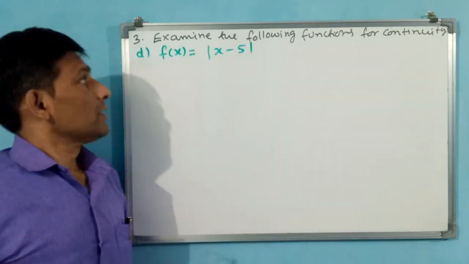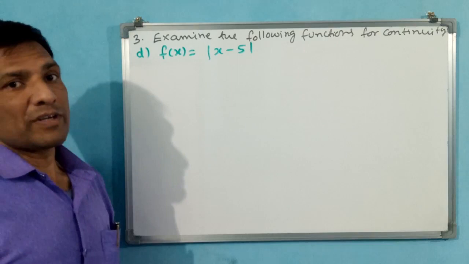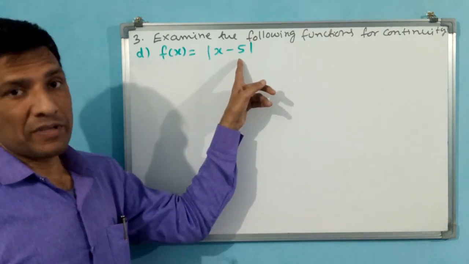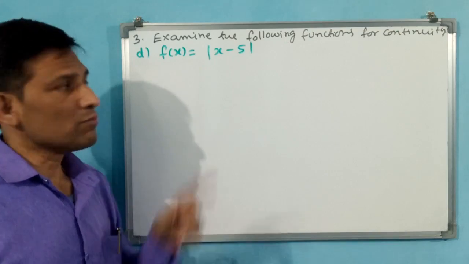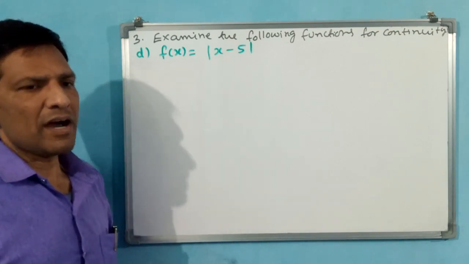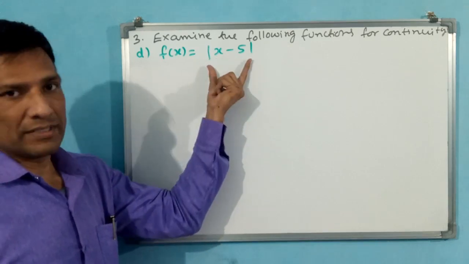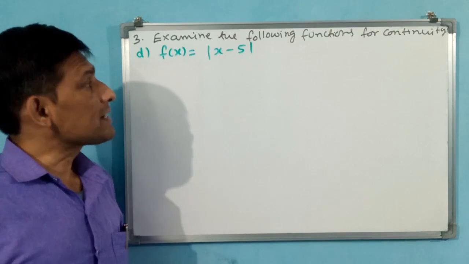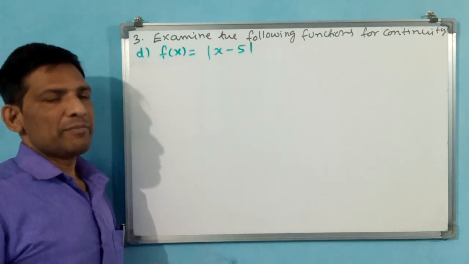Okay, let us proceed for part D, third question. Examine the following functions for continuity. Part D, f of x is equal to modulus of x minus 5. Modulus of x minus 5, we can write, or else x minus 5 modulus. See here, what domain are you going to take? First you tell me.